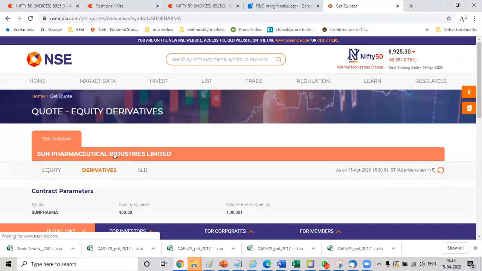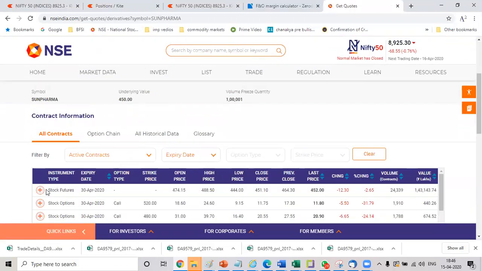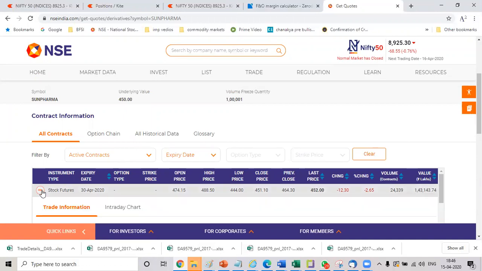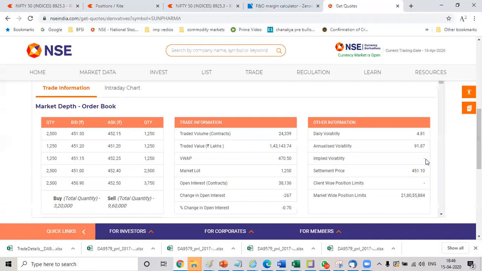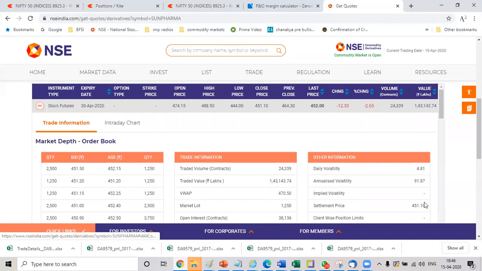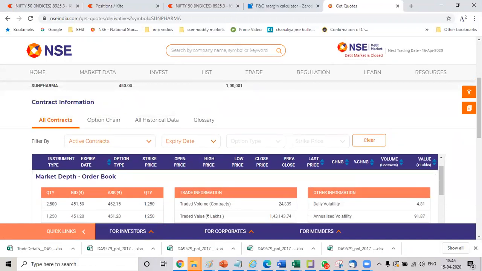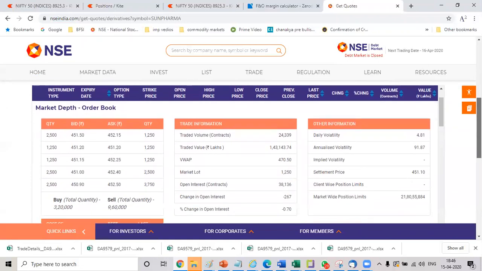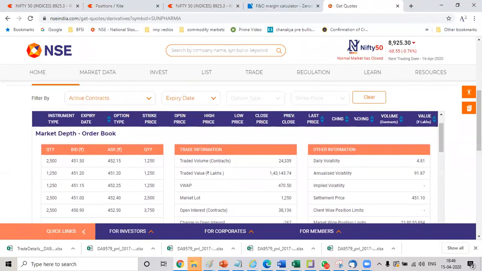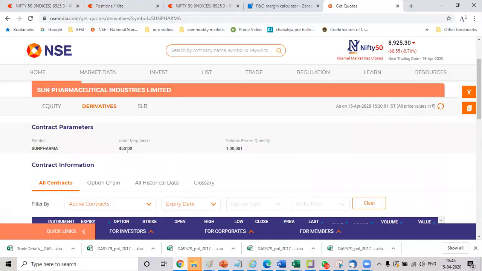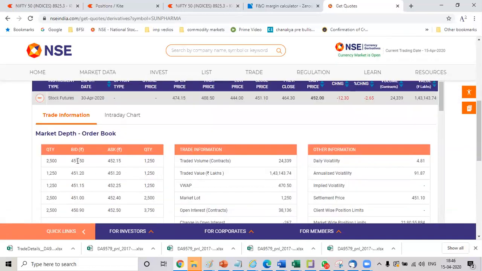But if you don't want to go to the spot market, you can go to the futures contract, and you can see here someone is willing to give you the same shares at a price of 452. So the spot market rate is 450, but in the futures market they're asking you 452.